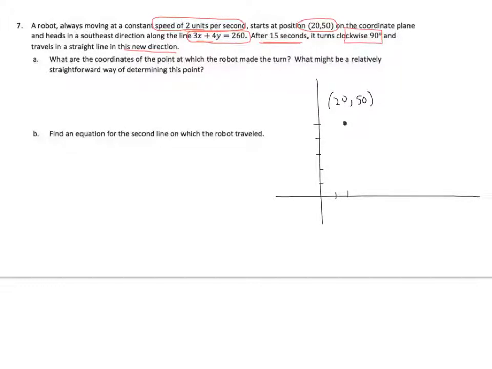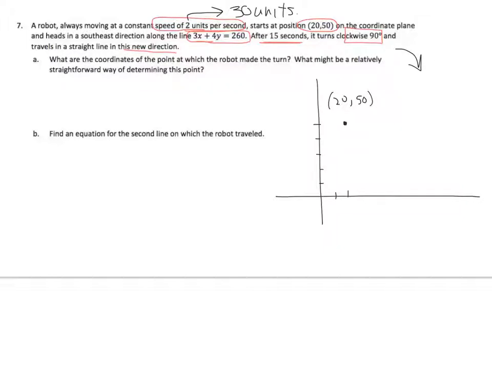We're doing a speed of 2 units per second. After 15 seconds, that would be 30 units traveled altogether. Right? Because 2 times 15 is 30. We're doing a clockwise 90 degrees, so we traveled that way.